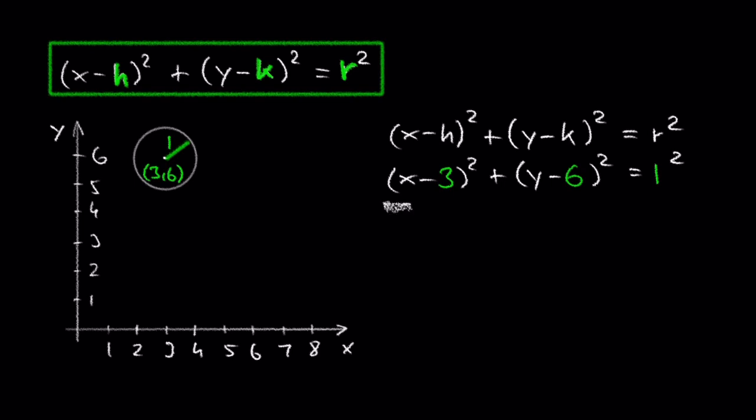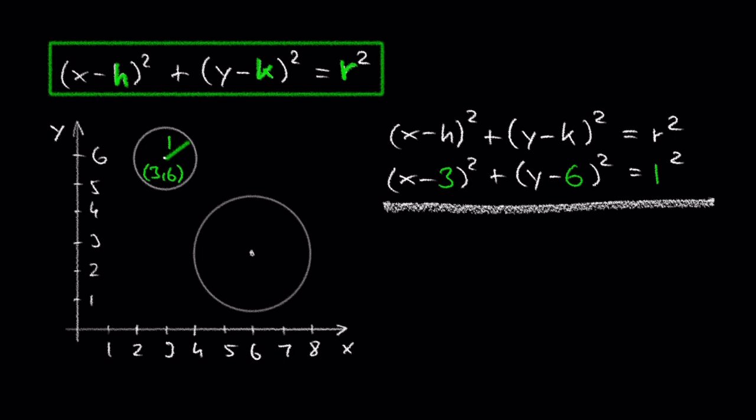So we get (x minus 3) squared plus (y minus 6) squared equals 1 squared, and we are done with this problem. What about this graph? Find the standard equation of this circle. The center of this circle is 6, 3. And the radius is 2.